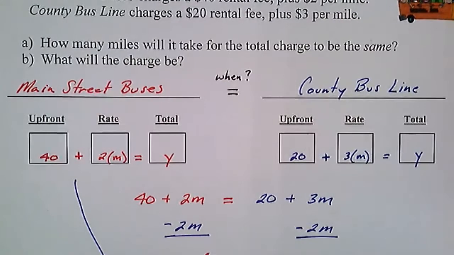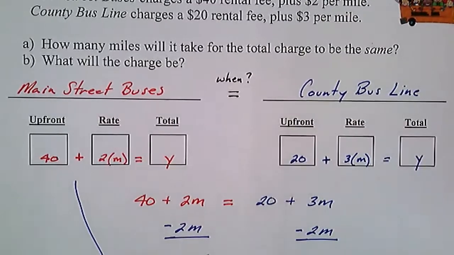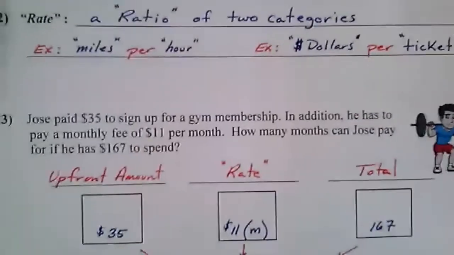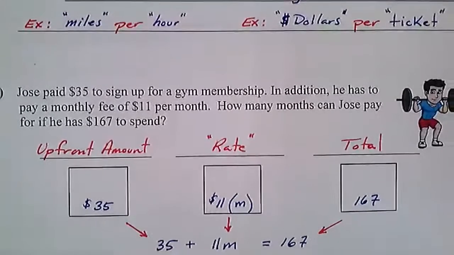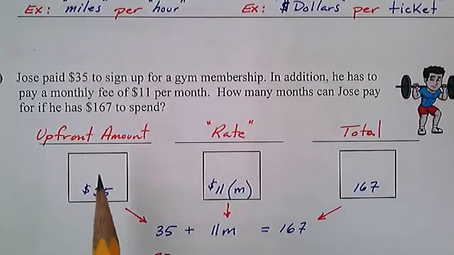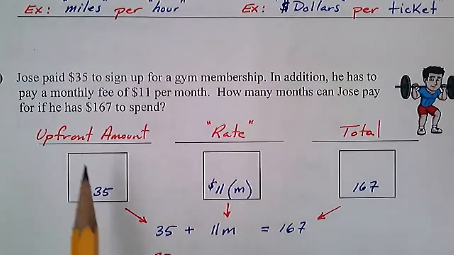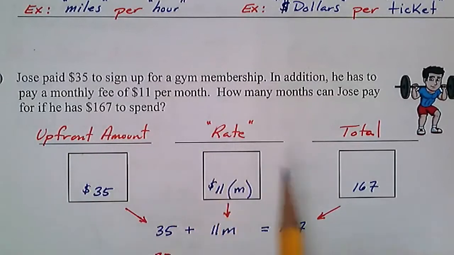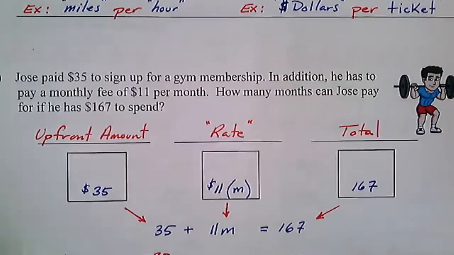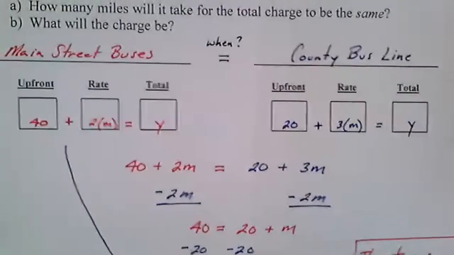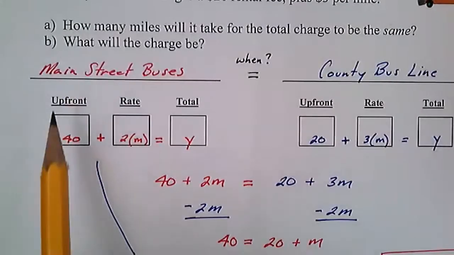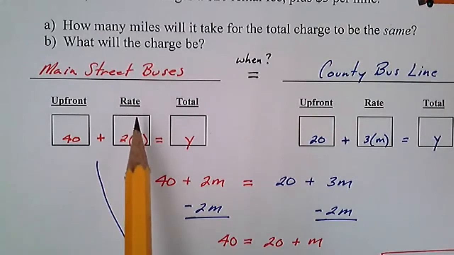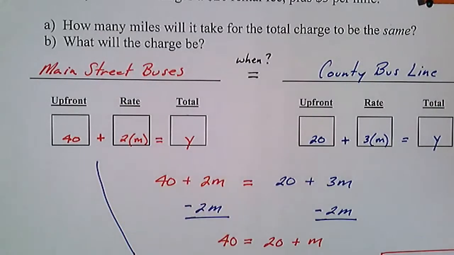In the previous example that I gave you, it was just one person and we only had 3 boxes, but we still did the same thing. What's the upfront? What's the rate? What's the total? Okay. And in this one, we had to do it twice. What's the upfront? What's the rate? What's the total? Okay. All right.